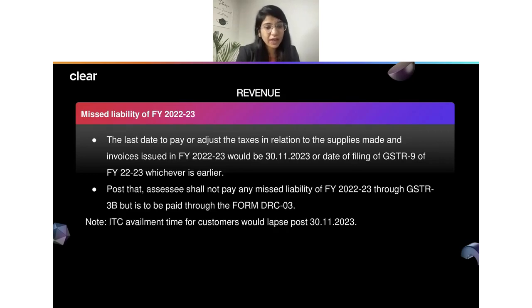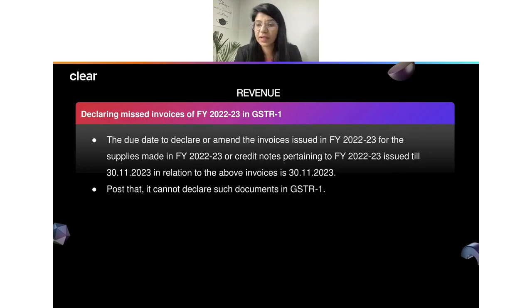In the same way, if you have missed some liability, you have forgotten to report any liability, it's always good that you report that entire liability while you're filing your GST 1 and 3B for the month of March 2023. In the same way, there can always be high chances that you have missed declaring certain invoices for FY 22-23 in your GST 1.